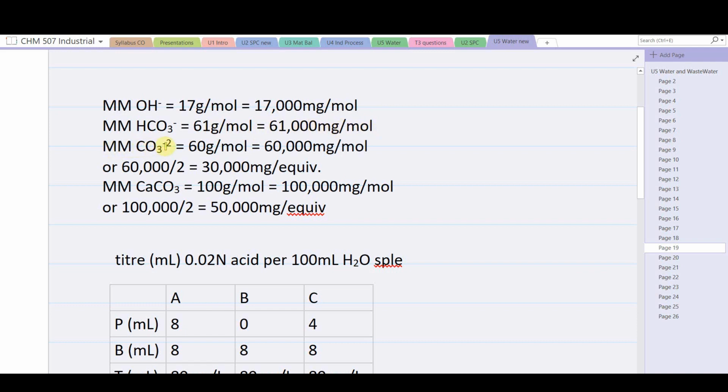The molar mass of carbonate is 60 grams per mole, or 60,000 milligrams per mole. But since it's dibasic, I can divide that by 2 and say that it has a 30,000 milligrams per equivalent weight. The molar mass of calcium carbonate is 100 grams per mole, or 100,000 milligrams per mole. And since it's dibasic, why not divide by 2 and report 50,000 milligrams per equivalent?